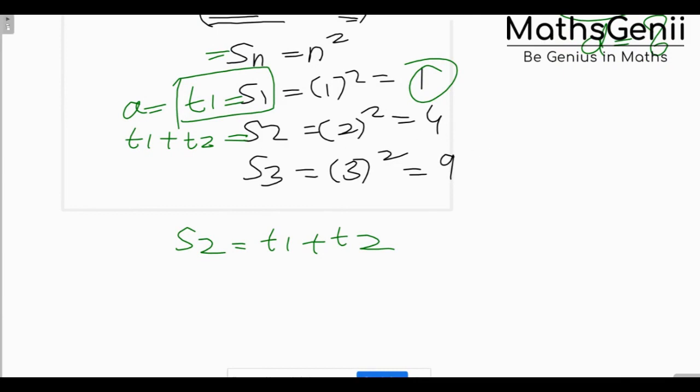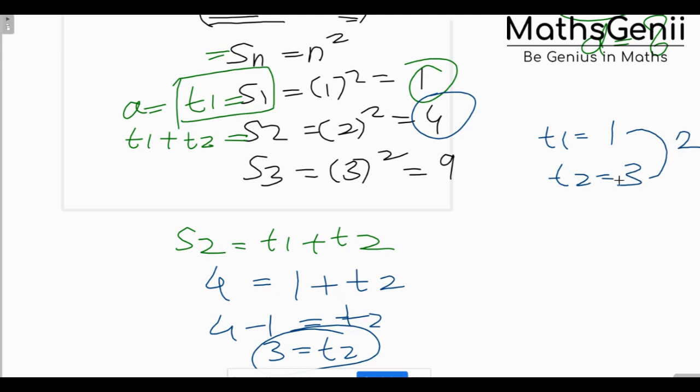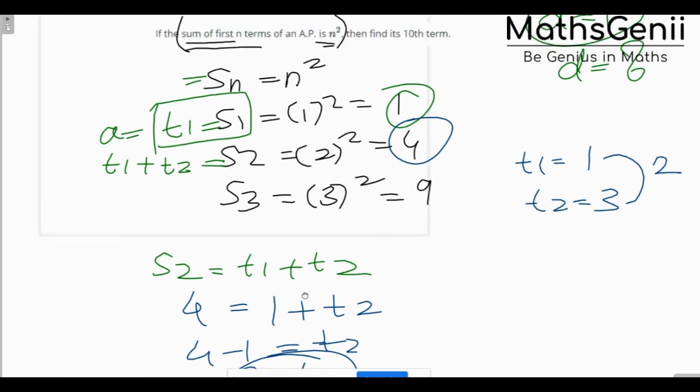This question is a little tricky one. S2 is 4. T1 is 1. And T2, I don't know. So T2 is equal to 4 minus 1. So T2 is 3. T1 is 1. T2 is 3. So what is D? D is always second term minus first term. So D is 3 minus 1, 2.